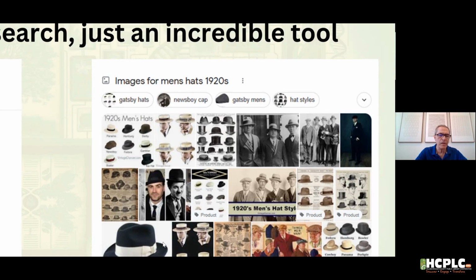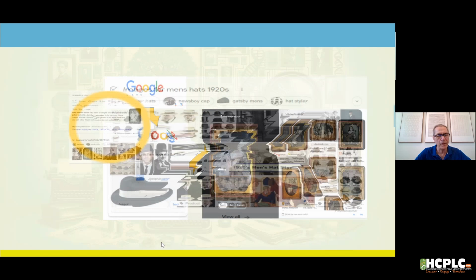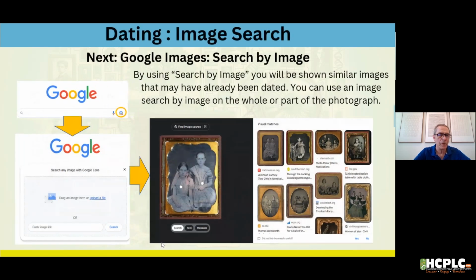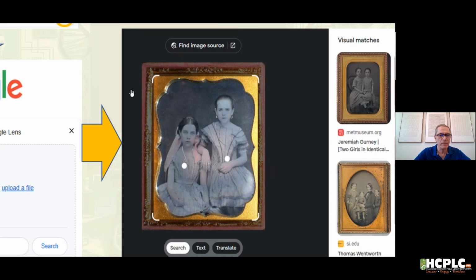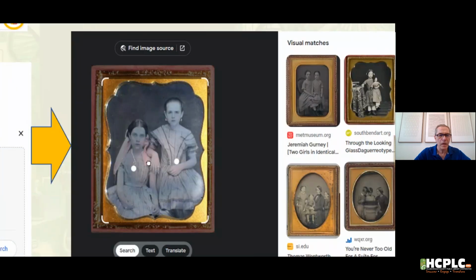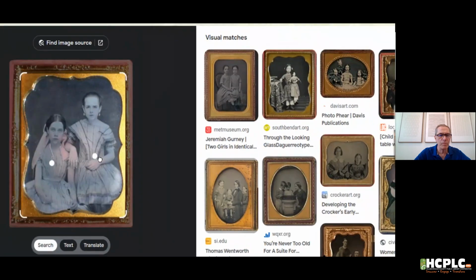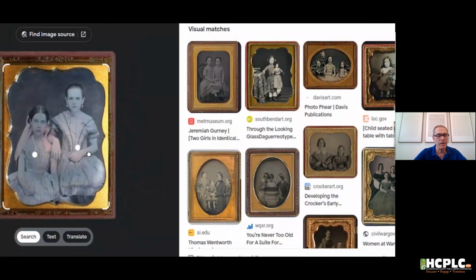Now, the key technique to use is actually searching by image. Hopefully most people are aware that I can upload an image to Google and search by that image. So in this example, I've searched by this particular photograph. I've just said search this image, and it's come back with very similar images which may have already been dated.